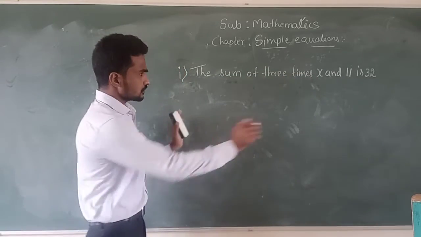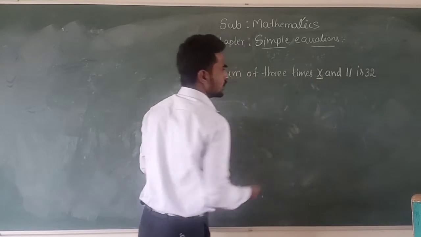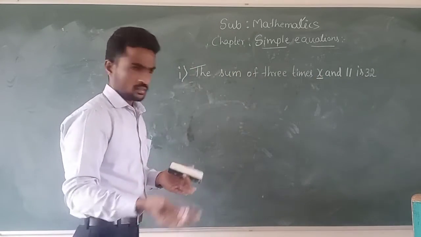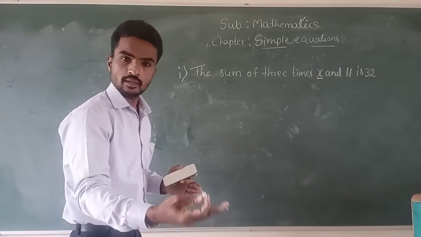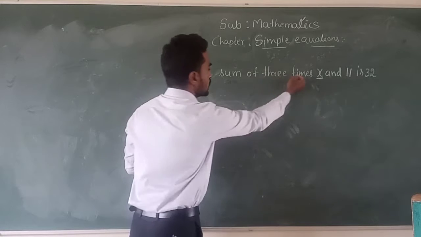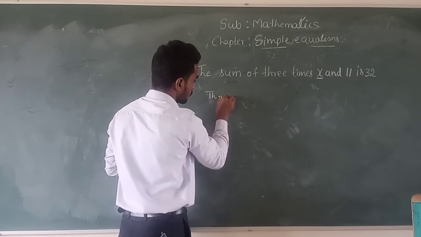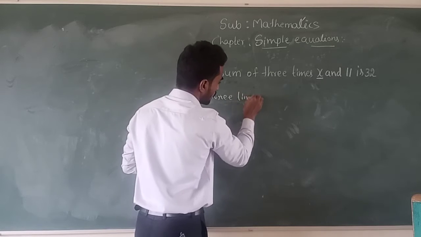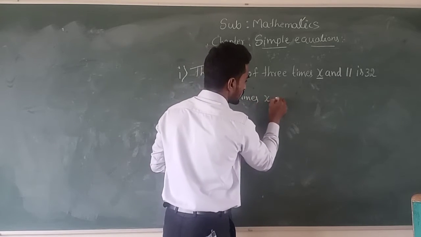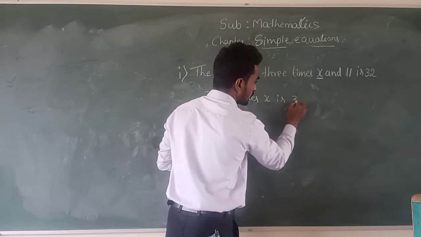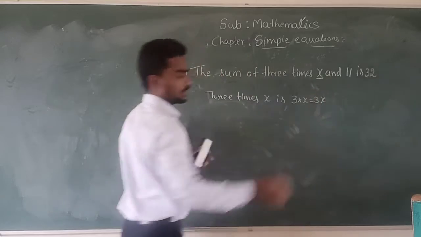3 times of x is 3 into x, that is equal to 3x.